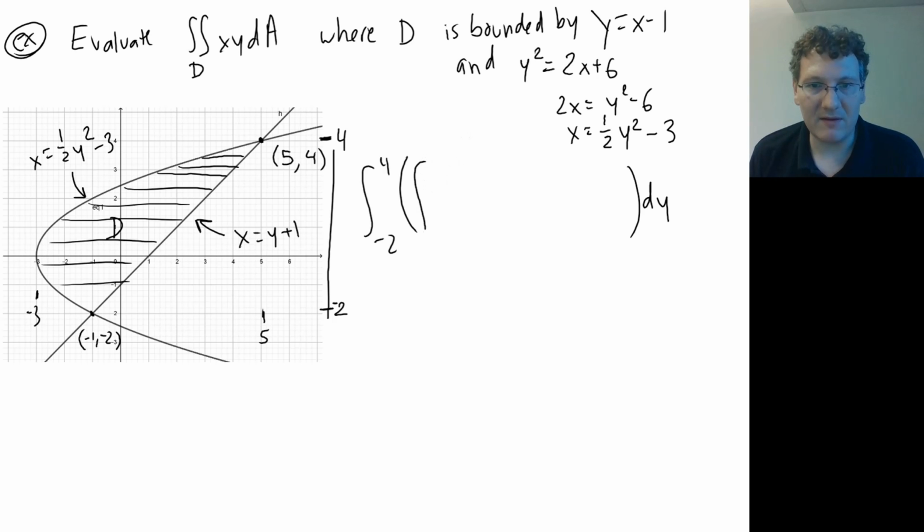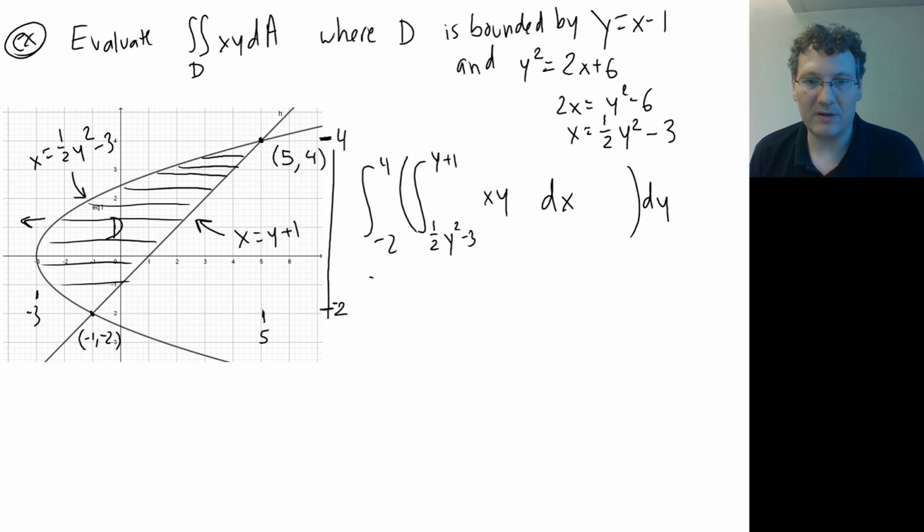And then the bounds on x are going to be variable bounds, functions of y, where the lower bound is on the left, because that's like the negative side. That's the lower side of things. It's 1/2 y squared minus 3. The upper bound is y plus 1. xy dx.